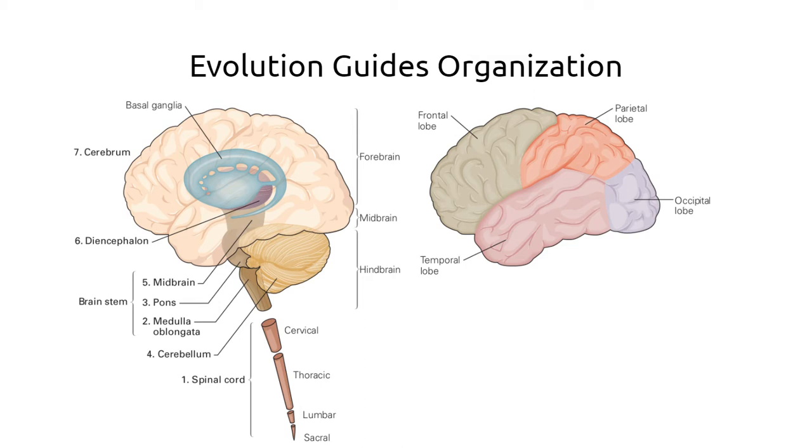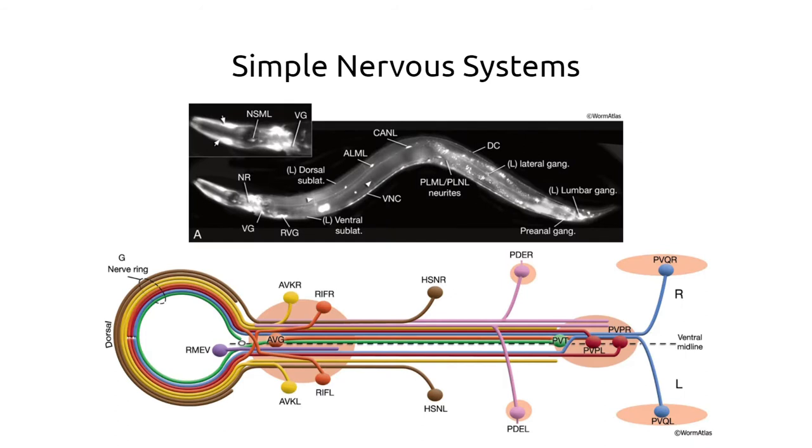Okay, how can we go ahead and do this? Let's start with a really, really simple nervous system. This is a really simple little nematode worm, C. elegans, one of the simplest little animals, and it's got a pretty simple nervous system.